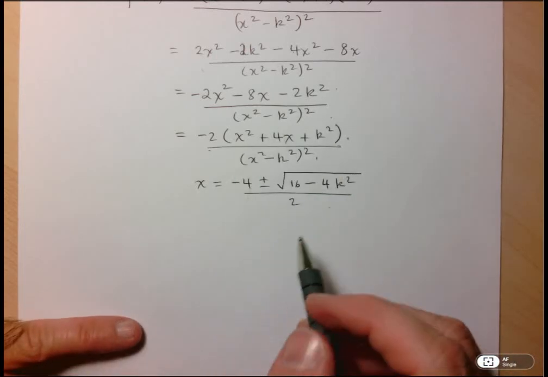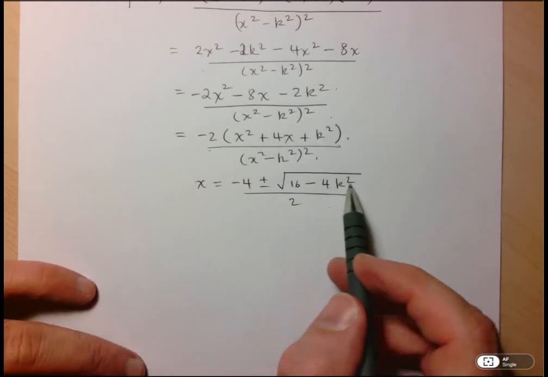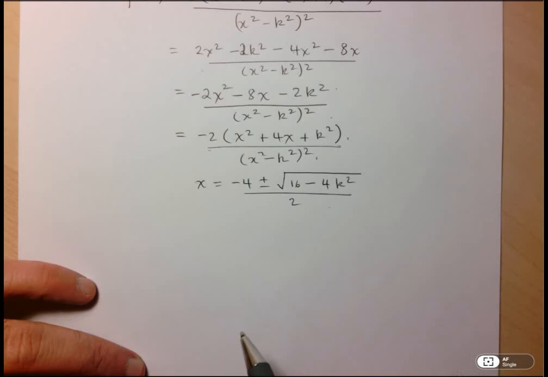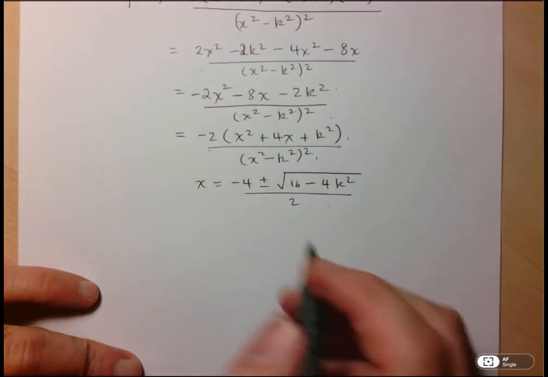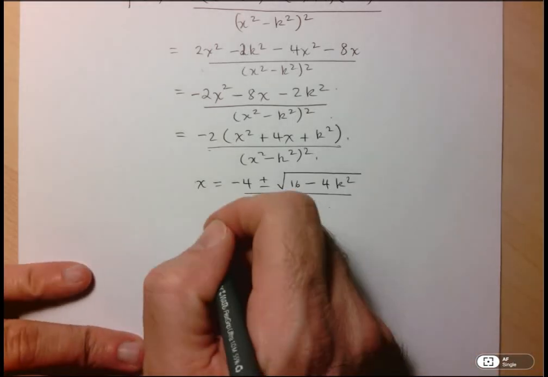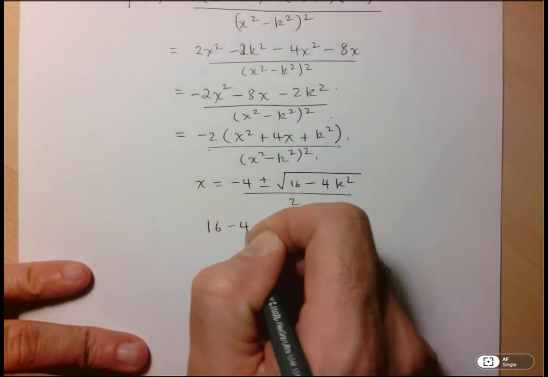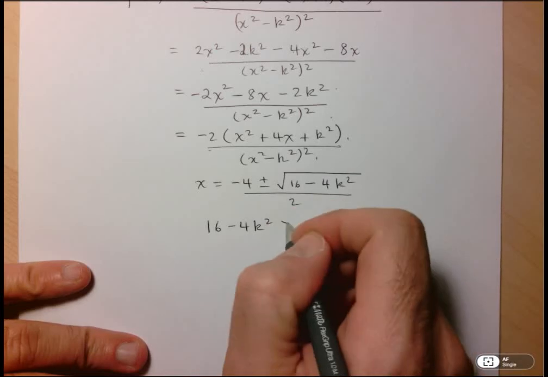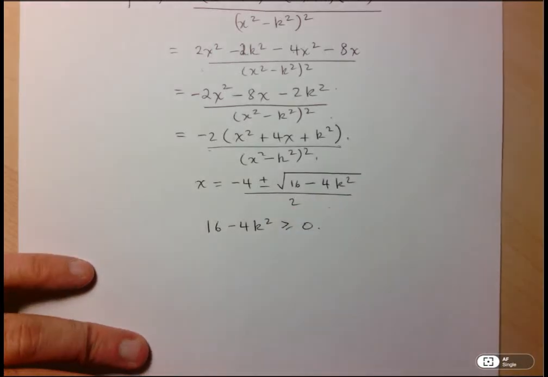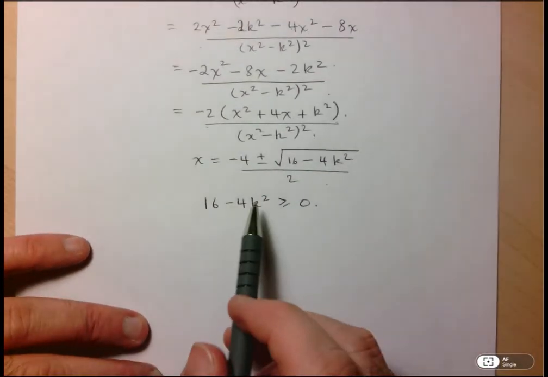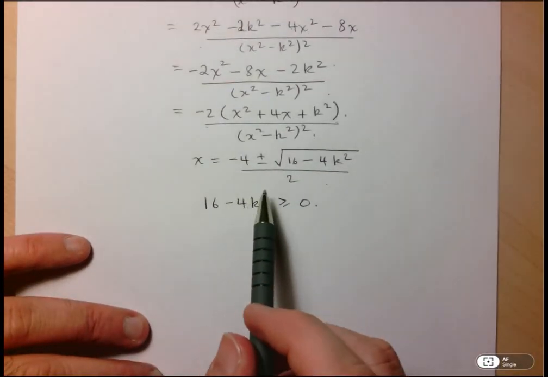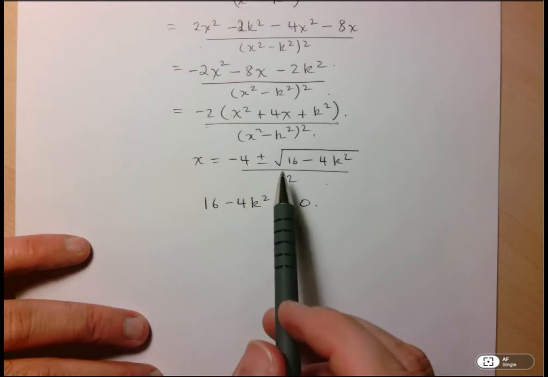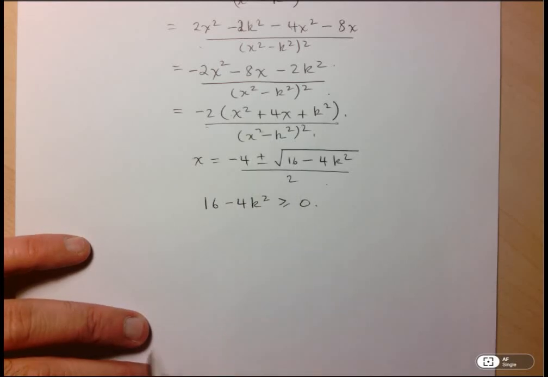So this discriminant needs to be greater than or equal to 0. This comes down to solving 16 minus 4k squared greater than or equal to 0. Again, we're interested in whether there are points where the first derivative is equal to 0.